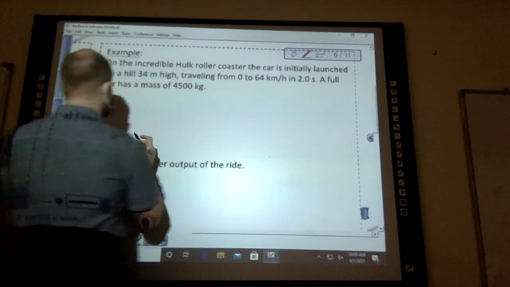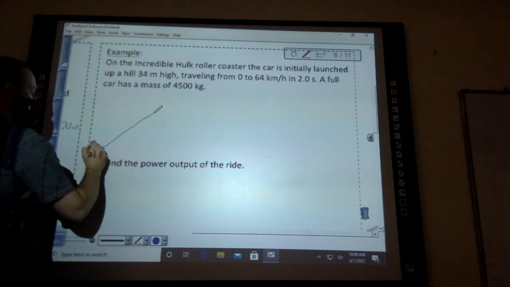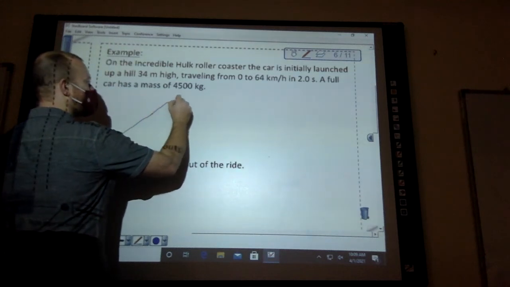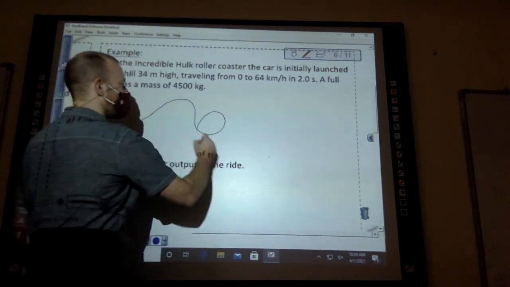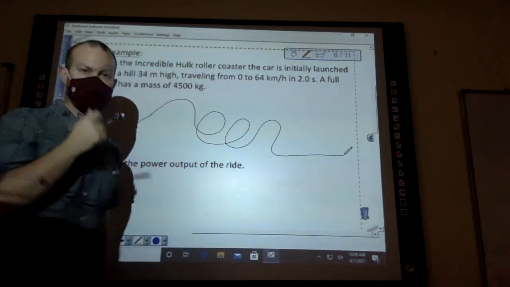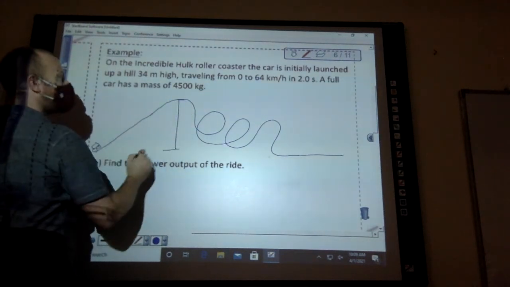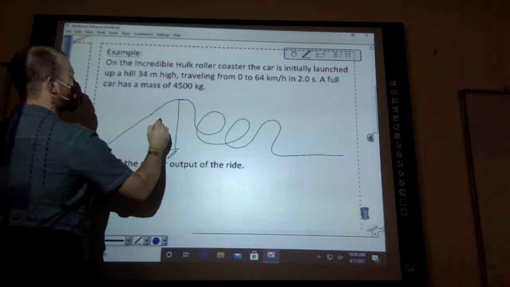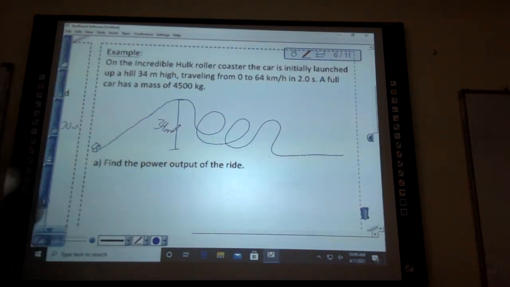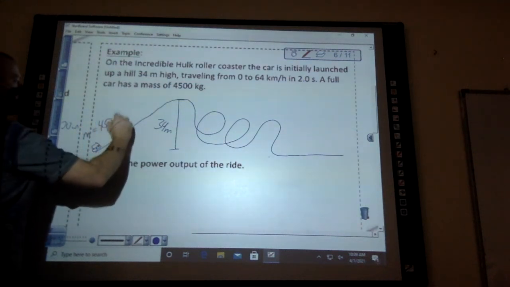I'll remember this then. Okay, so here's what we got. We've got a roller coaster. You've got the cars going up the ramp like this. Then it reaches the top, you go down, you do all the fun stuff, you do the loop-de-loops, and then you reach the end of the track. We are told that this height is 34 meters, and that the mass of the car here is 4,500.